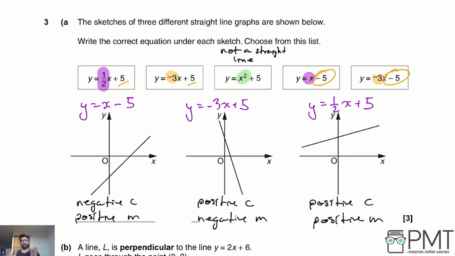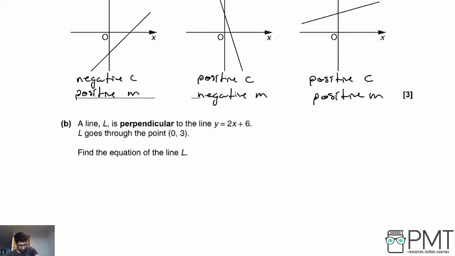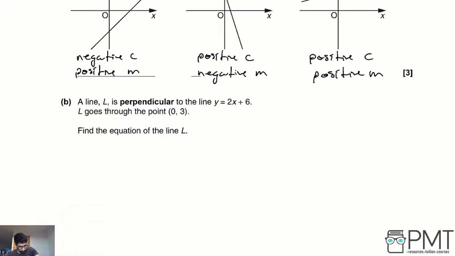So I am looking at the gradients and the y-intercepts. We didn't have actual numbers, but I'm just checking whether they were positive or negative. And at the beginning, we eliminated x squared plus 5 because it's not a straight line, but a parabola.